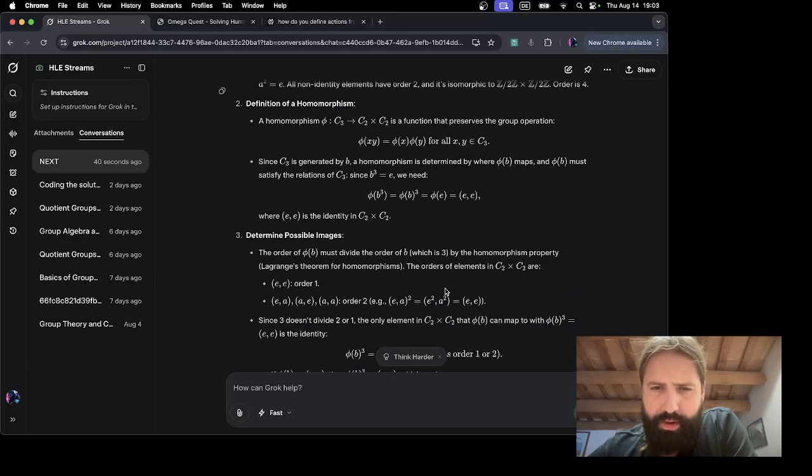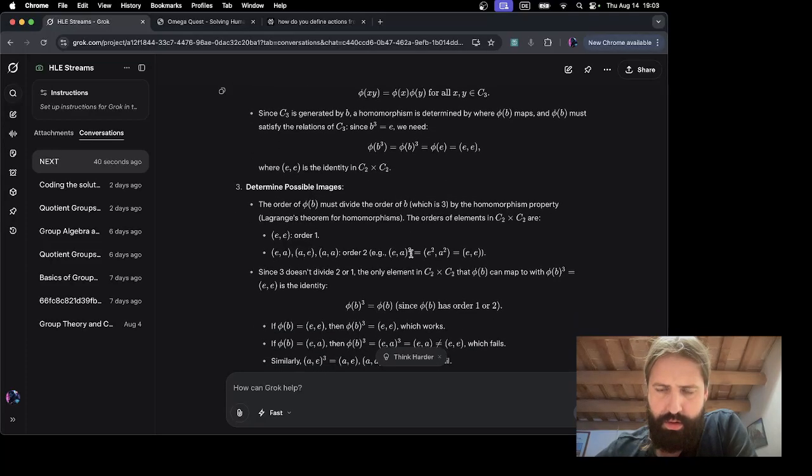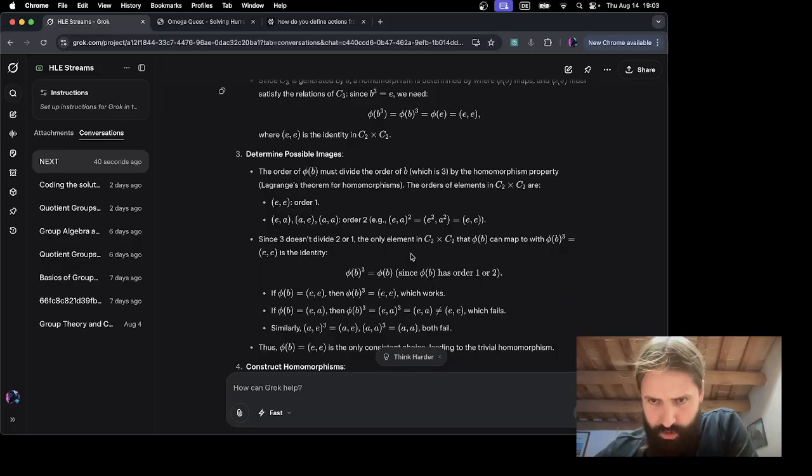The order of the image must divide the order of B, which is 3. I don't get that. Since 3 doesn't divide 2 or 1, the only element in C2 squared that phi(B) can map to is EE, the identity.